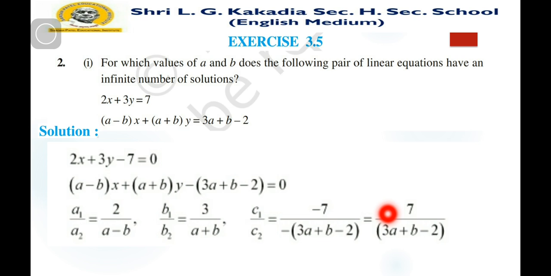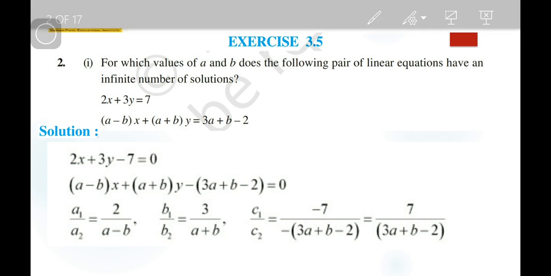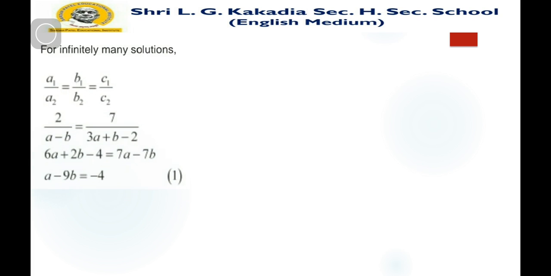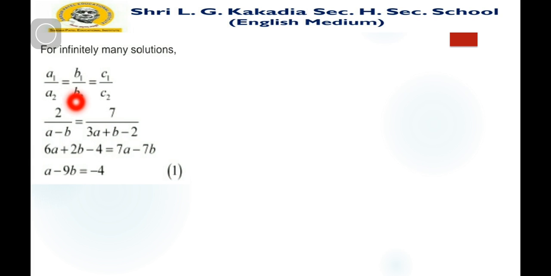So now, it is given that for infinitely many solutions, we take the ratios a1 by a2, b1 by b2 and c1 by c2, and then compare.